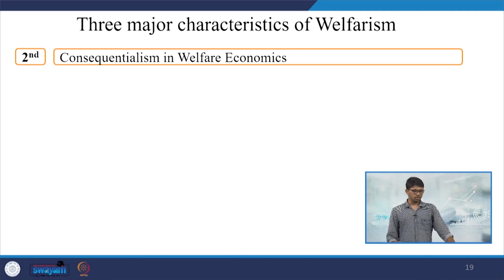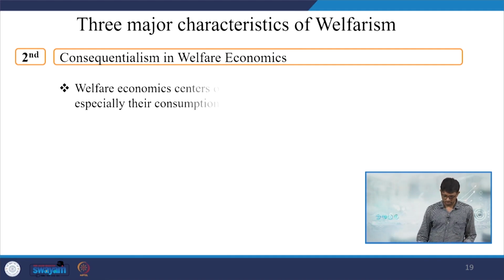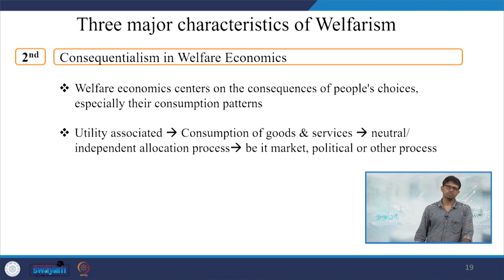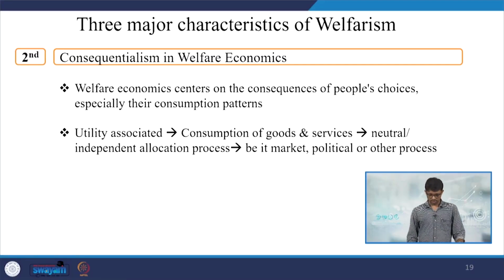The second one is called consequentialism in welfare economics. Welfare economics centers on the consequences of people's choices, especially their consumption patterns and the utility associated with their consumption of goods and services, which is neutral or independent of the allocation process, whether it is market, political or other process.